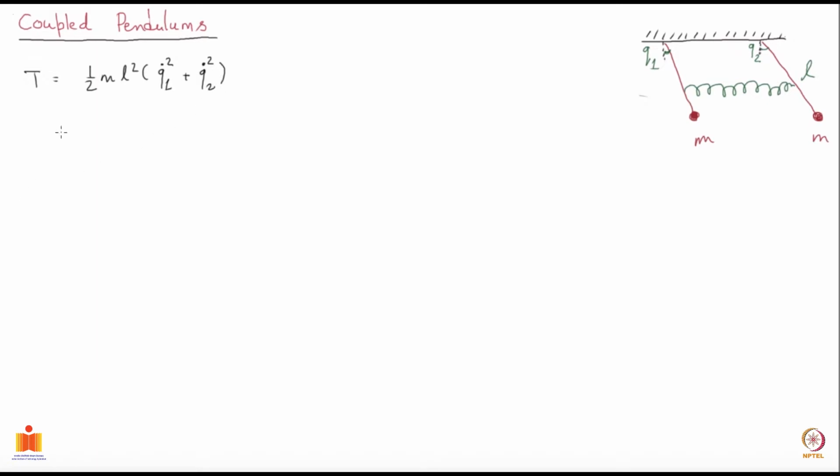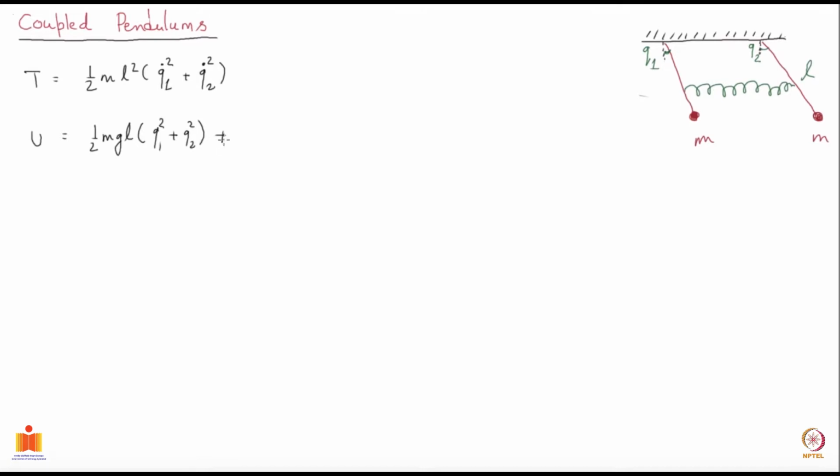Okay, that's good. And the potential energy will have two components, one coming from these masses moving in the gravitational field of Earth. So that gives you half m g L times q1 square plus q2 square. Okay, this you can easily find.